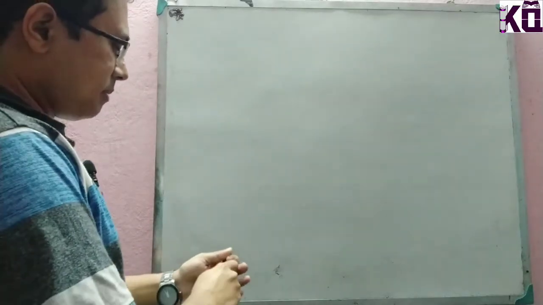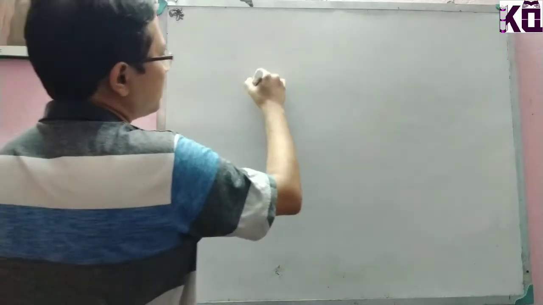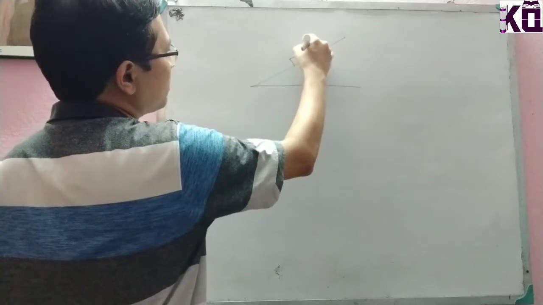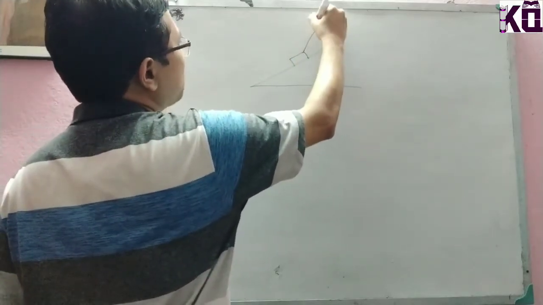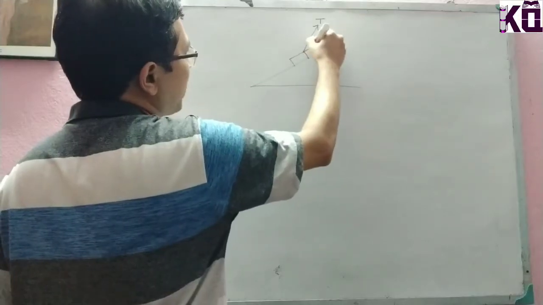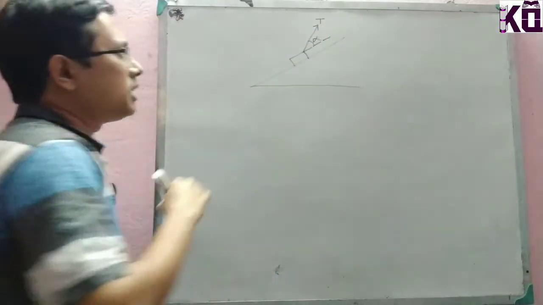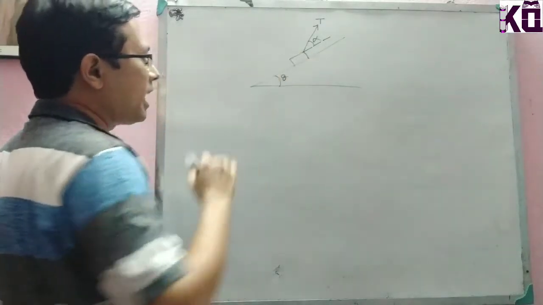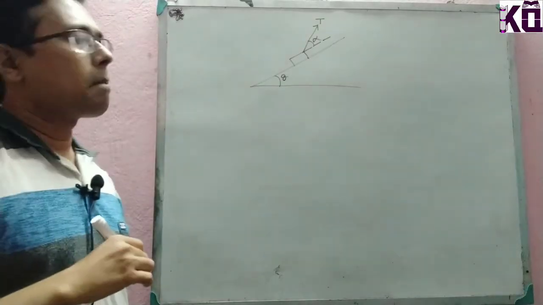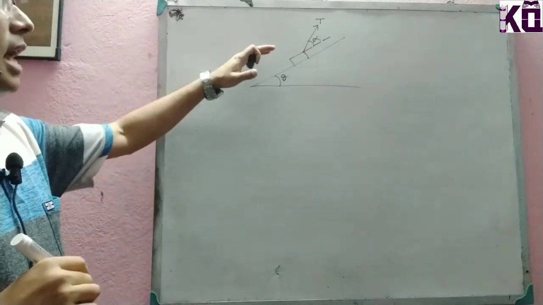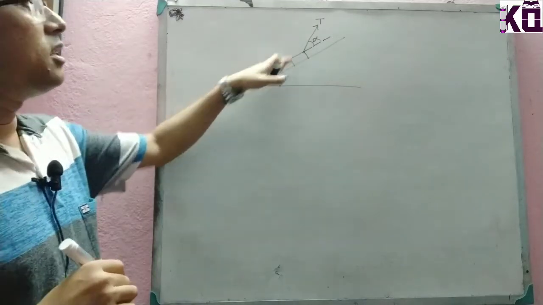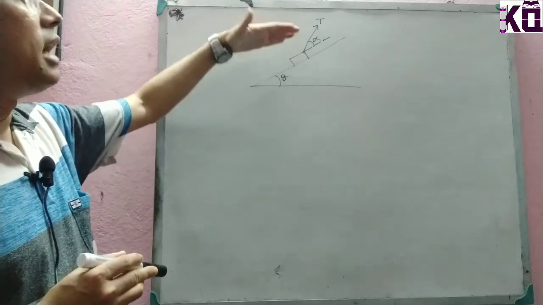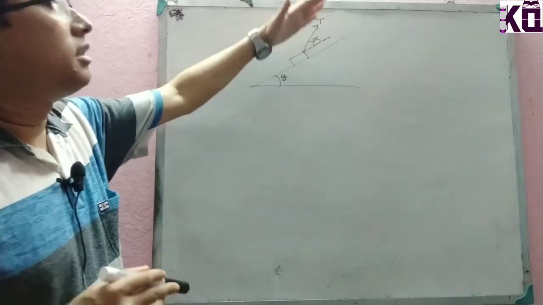Say this is the inclined plane on which there is the object and there is a force, say T, tension force we are providing on that, making an angle say alpha with the inclined plane, and this inclined plane is making angle theta with a horizontal surface. There is one rope. With the rope we are providing tension on the body, and this one is making an angle alpha with the inclined plane.